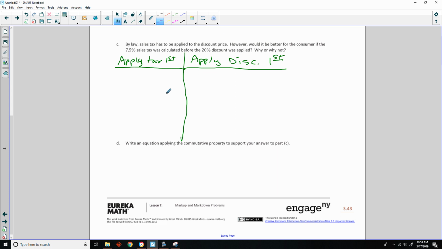So we're going to do both here and see which is better. If we apply the tax first, we would take 100% plus 7.5%, and then multiply that by the original cost.